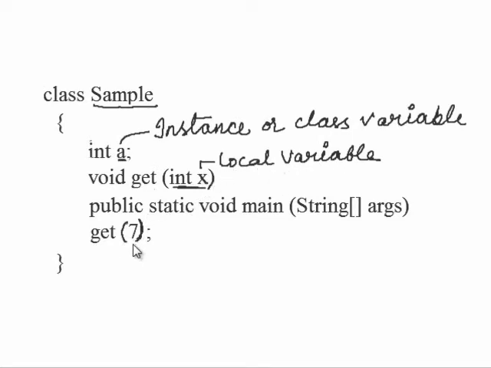Therefore 7 is the data that I can pass in. And if you see, I have not created an object for the get method. I have not written get is equal to new sample. No, I've just given it as get of 7, which means it's a static member, because a static member can be called without creating an object.